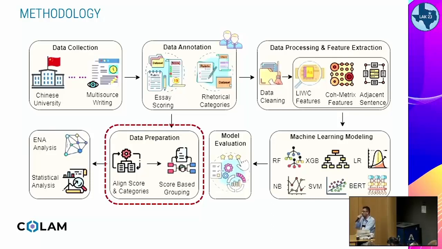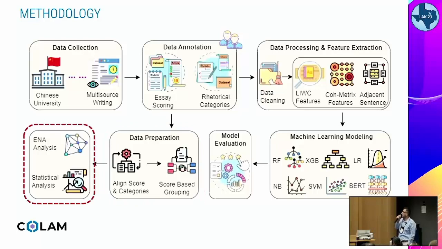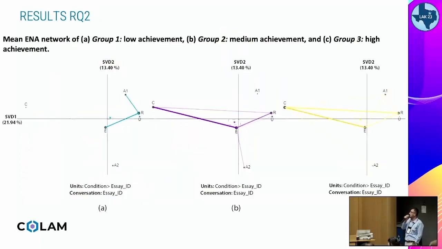To more closely evaluate rhetorical information in text, we used network analysis. In this case, epistemic network analysis, and this is how the epistemic network analysis looked for each of the 3 groups. The nodes represent rhetorical categories in the essays.